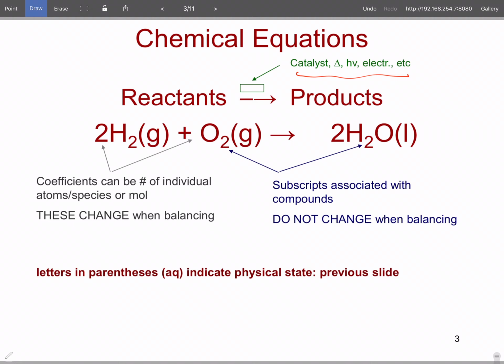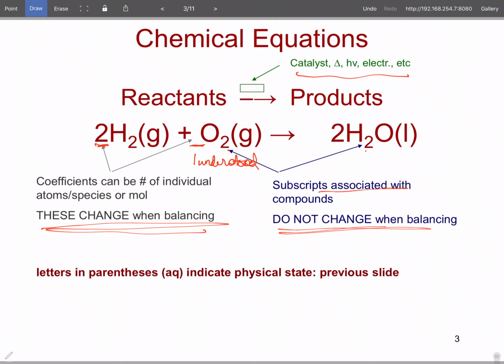Now, if you look at it, we have a 2 here, and a 1 is understood here. And it's understood because you can't have a 0. If you had a 0, it wouldn't be there. So these are the species you change when balancing. Okay. The subscripts, on the other hand, are associated with the compound. You don't touch those when balancing them, because if you do, then that changes the compound.